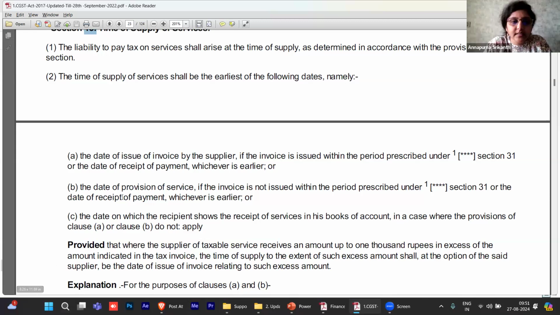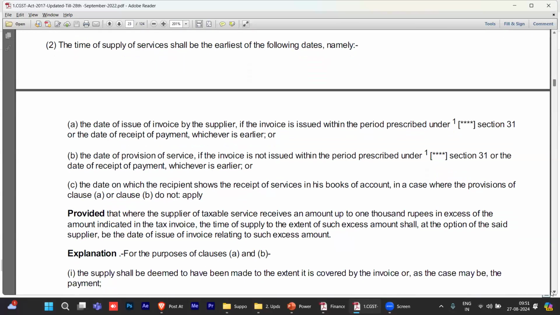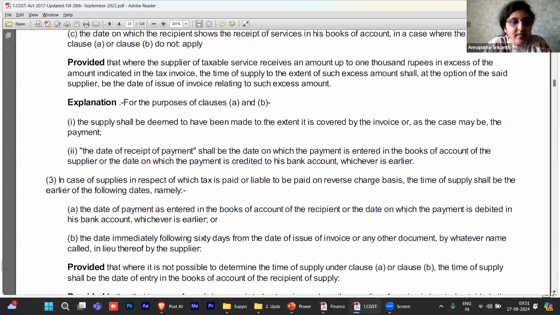So here, the date of issue of invoice by supplier, the first provision, covers the registered supplier perspective. The second, the date of provision, is more a subjective aspect because it's a service. Or the date there is a payment. Ankuna, you are referring to subsection 3, no? Yes.